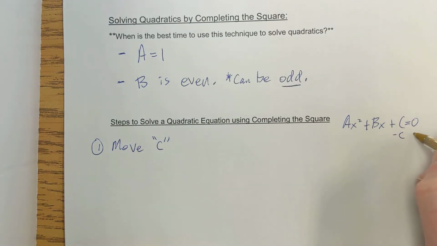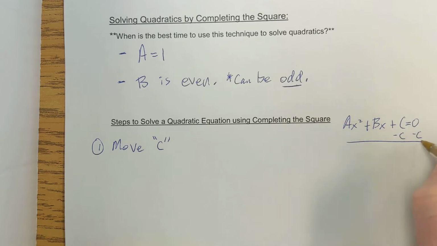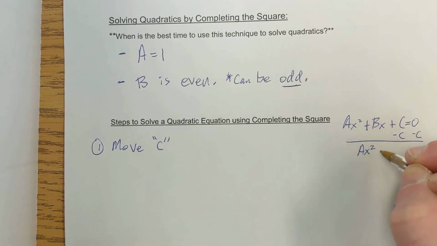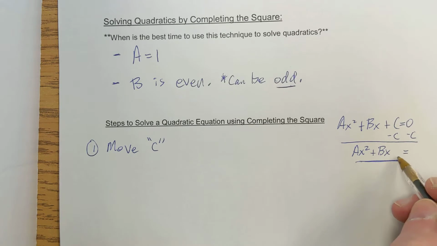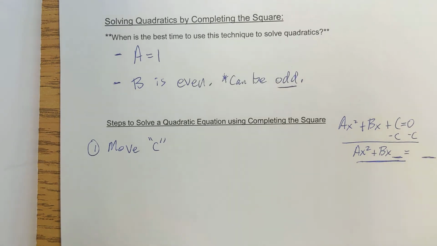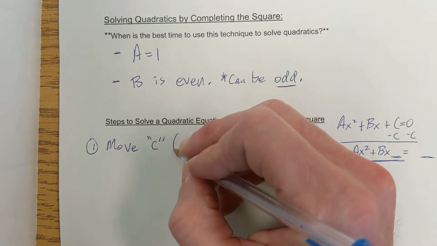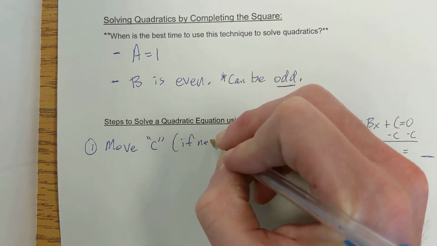So we would subtract c, depending on its sign. We want it in the form ax squared plus bx is equal to the opposite of whatever that turns out to be. This is what we're looking for to fill in the blanks here and over here.